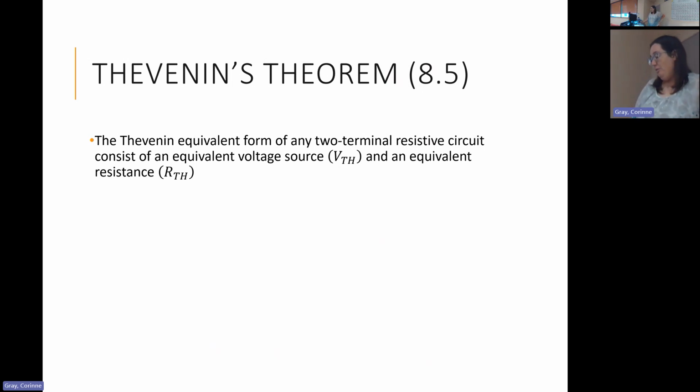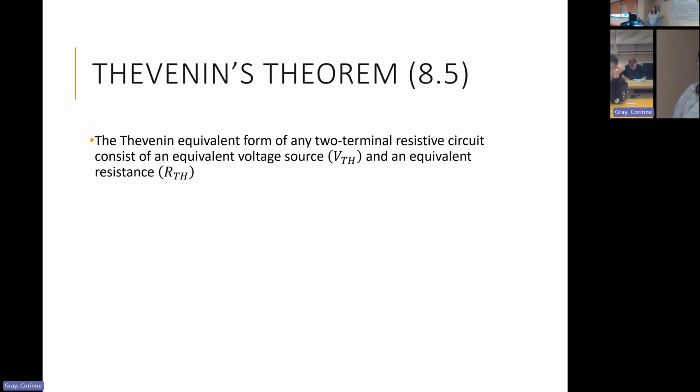It is the equivalent form of any two terminal resistive circuits. It consists of an equivalent voltage source, VTH, and an equivalent resistance, RTH. Here we need to indicate that these are TH because of the method we're going to use to solve. We'll also get to Norton's theorem, which will have the subscript of N. They are very related to each other.